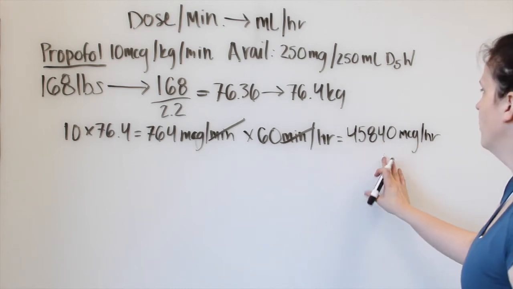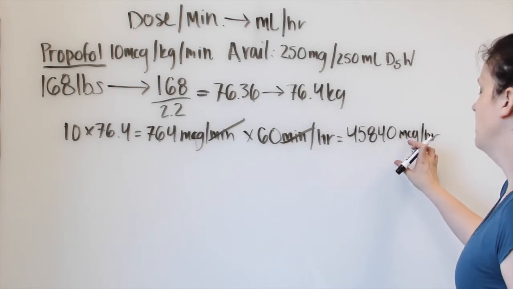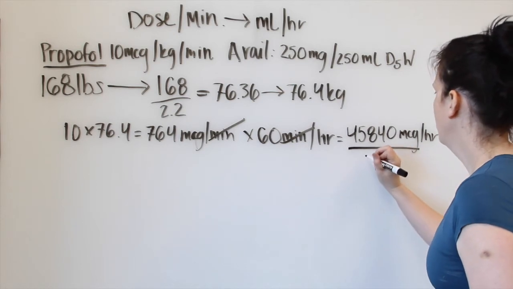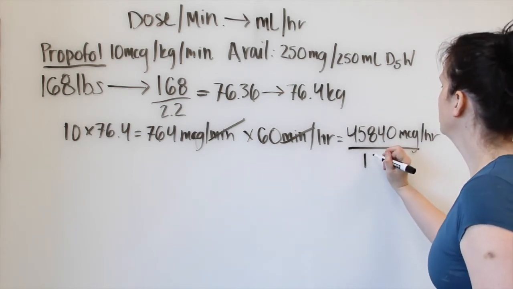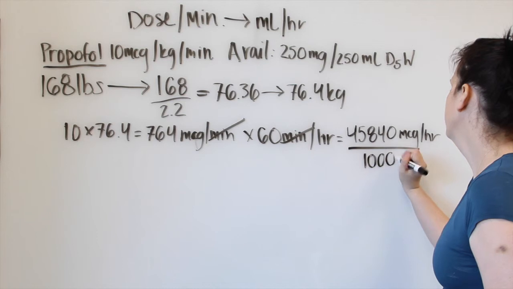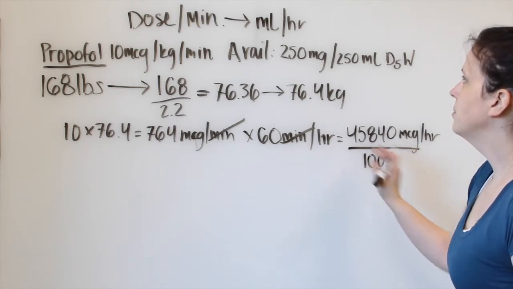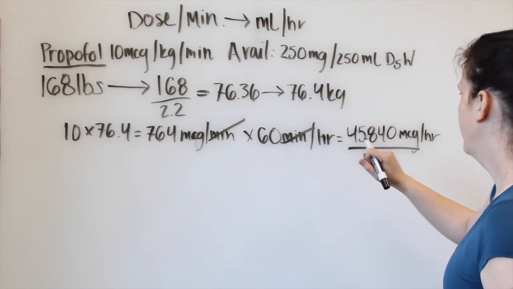So that's great. What do we do with that? Well, the first thing we're going to do is get rid of this microgram. So when going back up to milligrams, we're going to divide by 1,000. I know that you guys remember that we multiplied before, but we're going back the other way now.